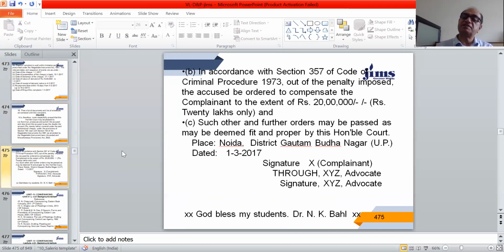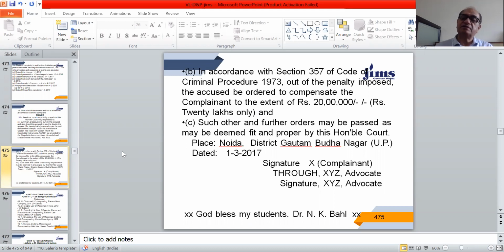You see, whenever a fine is imposed upon the accused, the fine is deposited in the government account. But Section 357 of CrPC authorizes the magistrate that out of the penalty imposed, out of the fine imposed, the accused may be ordered to compensate the complainant.